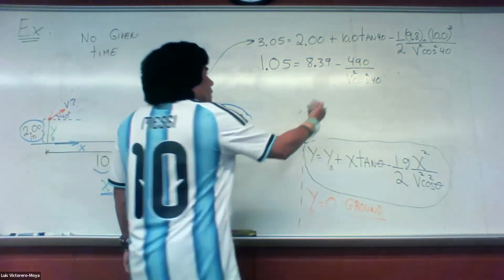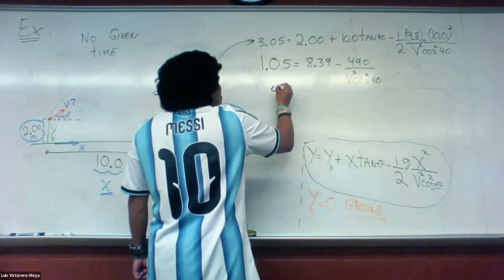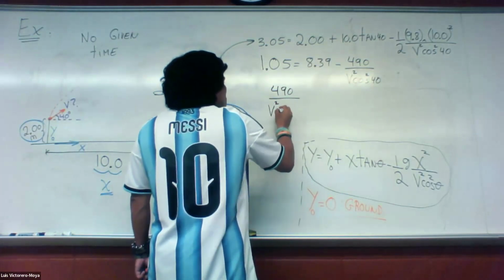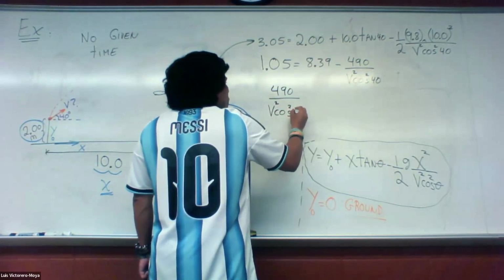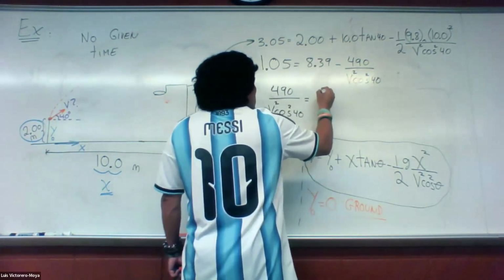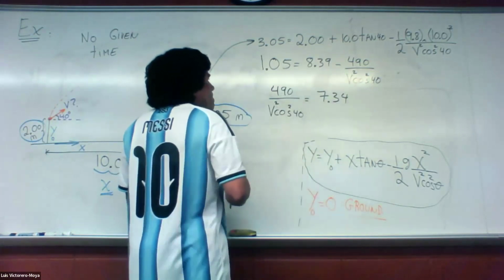All right. This can go to this side, this can go to that side. So I get 490 over v squared cosine square of 40. That's equal to that minus that. That's 7.34. I don't know that.